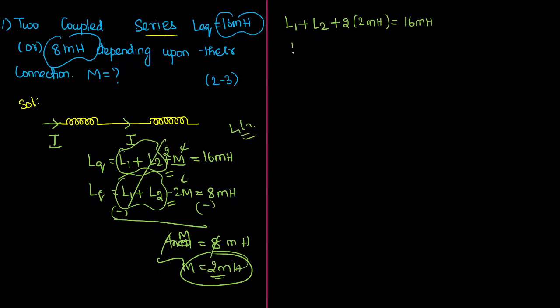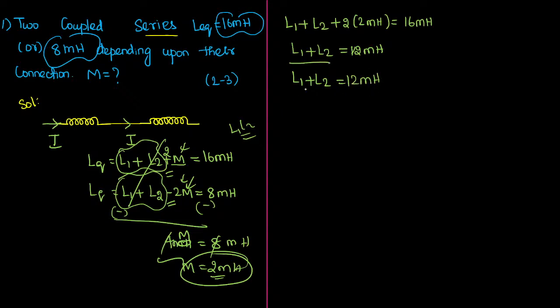So from this expression L1 plus L2 is 16 minus 4, which gives 12 millihenry. You can also calculate this value with the help of the second equation. If I replace M by 2 and pass it to the right side, again you will come up with the same 12 millihenry.